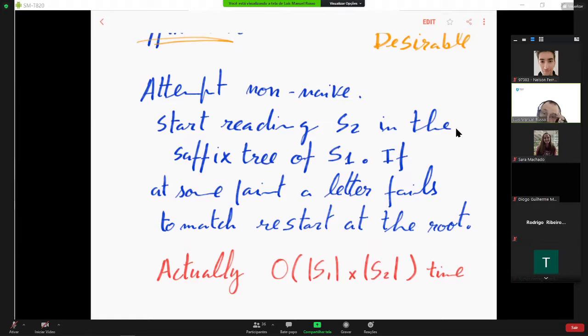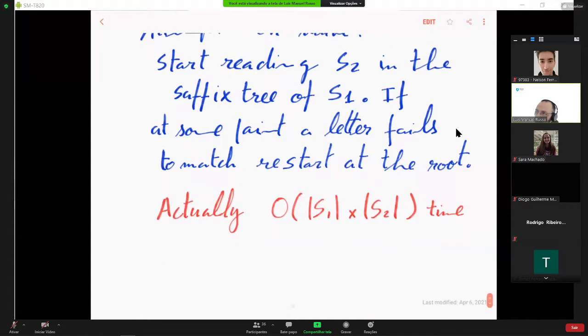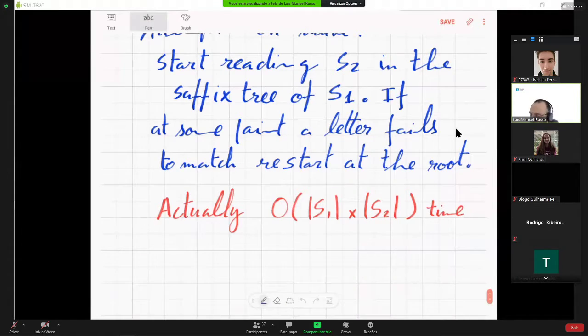If at some point the letter that we're reading fails, we have to restart at the root. Restarting at the root is bad because it means we have to reread almost the whole string, so it's still going to be quadratic. So let's do that analysis.